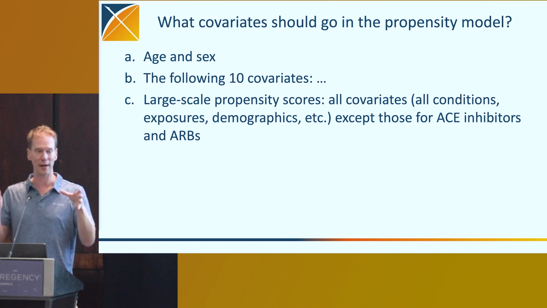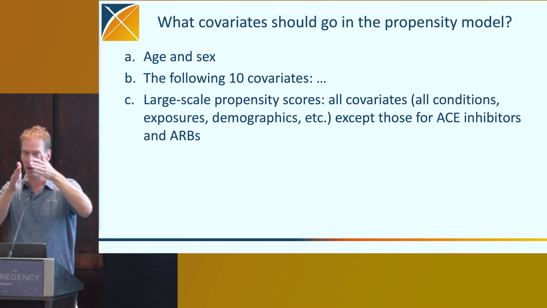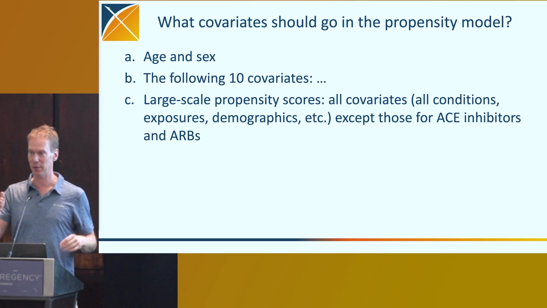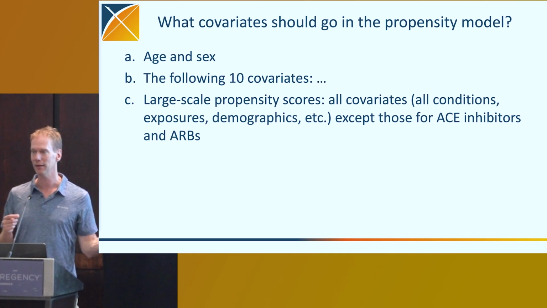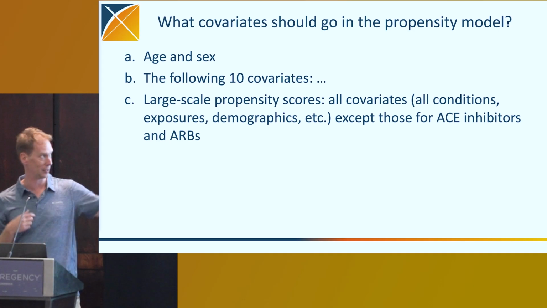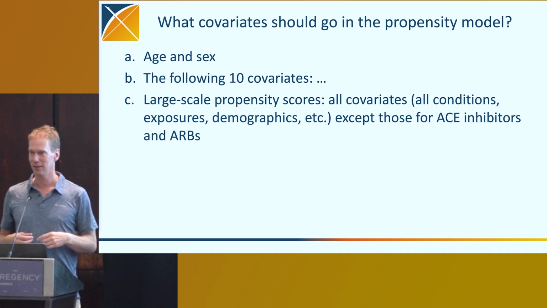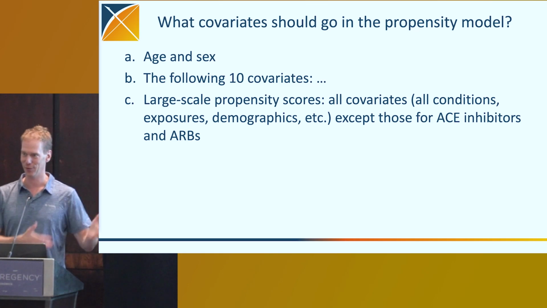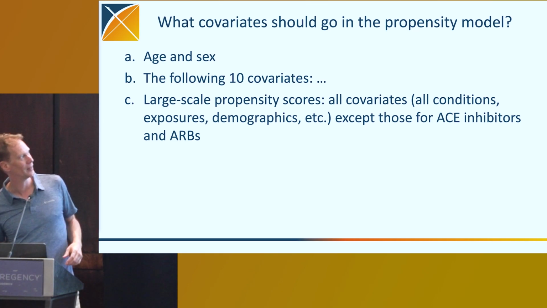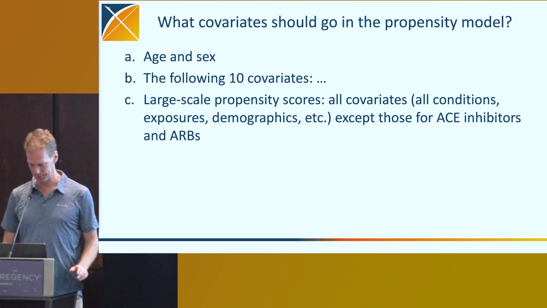The propensity model includes everything before up to the actual exposure, because the day you get the drug there's probably a lot of information on why you're getting it. But that also means the drugs themselves will end up in the propensity model if you don't explicitly exclude them. That gives you a perfectly predictive model, because to predict the drug, you just take the covariate that says it's a drug. So that's a manual step you have to do.